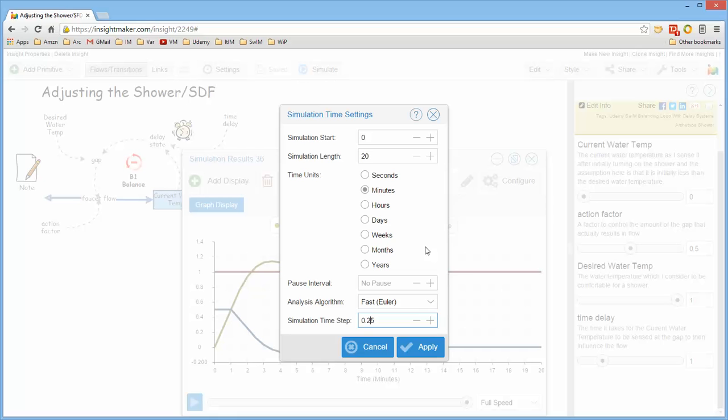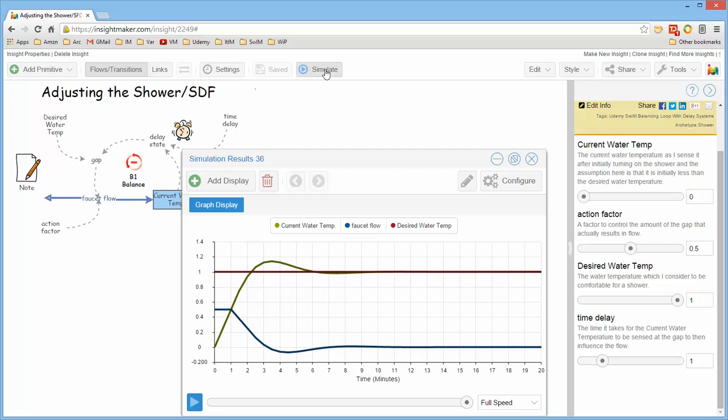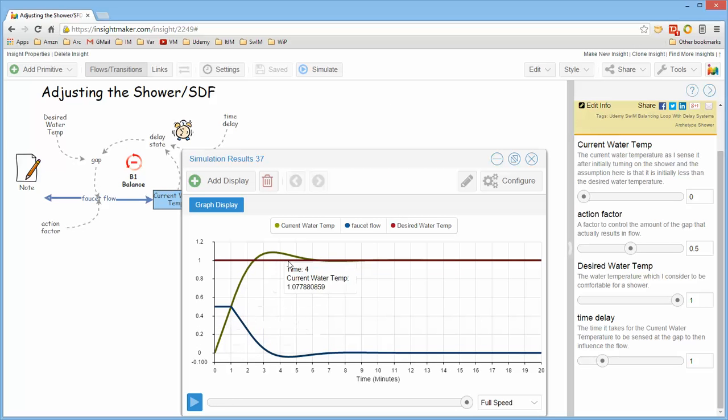In other words, 1, 0.5, 0.25, 0.125, 0.0625, just so that each one is a half. It just seems to work out better that way than using tenths or smaller divisions. So now that I'm using 0.25 and I run the simulation, notice that it's getting much smoother. So looking at things in 15-second increments is probably appropriate.